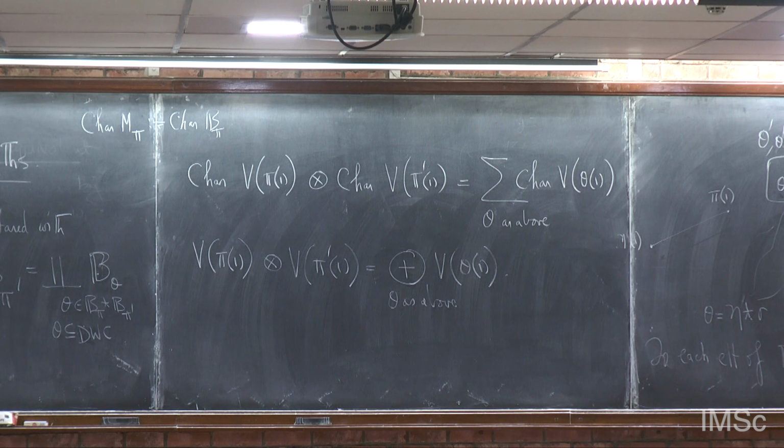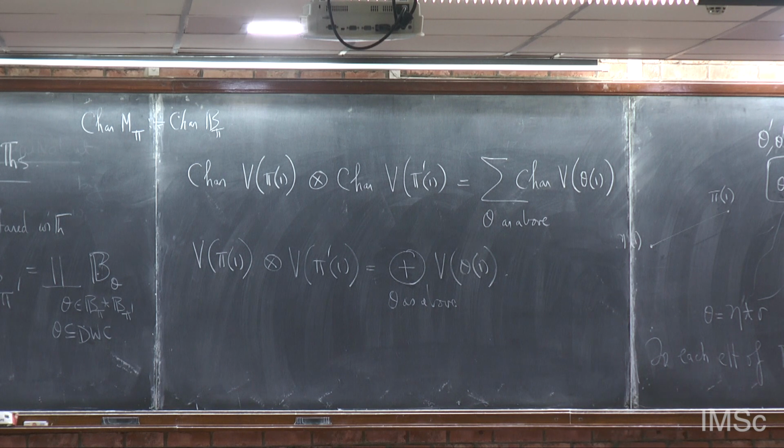Here is how you do it, just like for a finite group, right? What you need to see is that the characters are linearly independent in a certain sense.